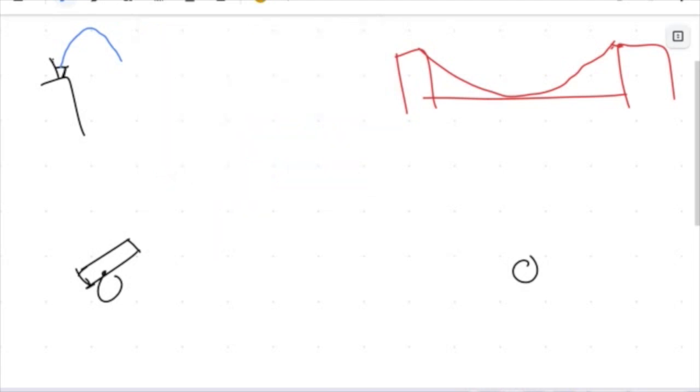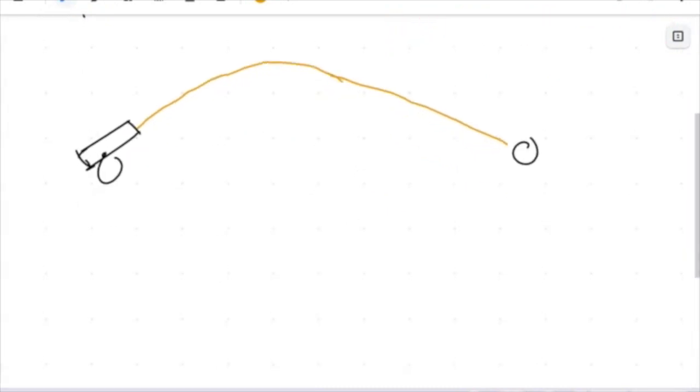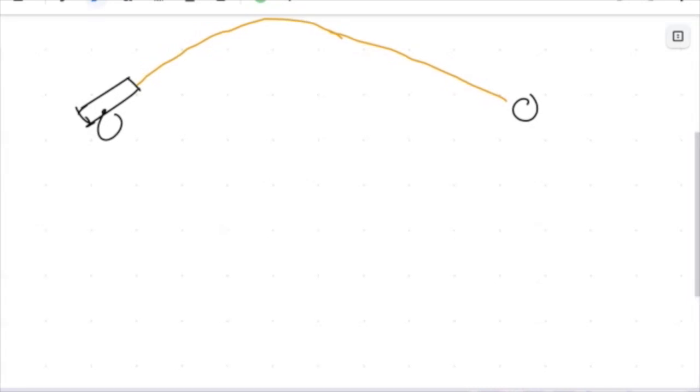They shoot out from here. They come up, they drop down, and you have that. Now, this and any similar projectiles to this all follow this similar pattern.